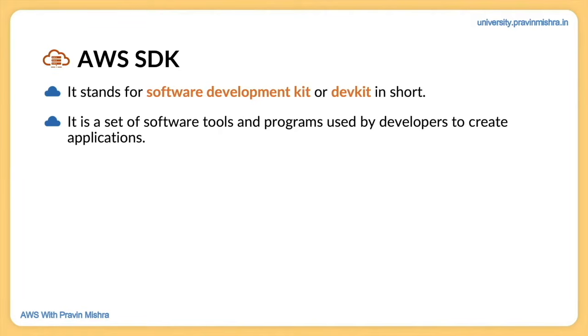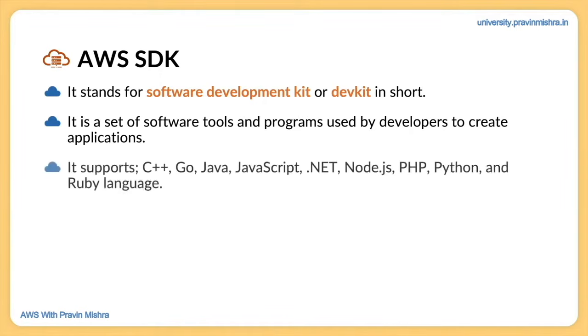This is only used with or within your application code, which allows your application to interact with AWS services. SDK supports many programming languages like C++, Go, Java, JavaScript, .NET, Node.js, PHP, Python, Ruby, and many more. There is also a mobile SDK for Android and iOS as well.